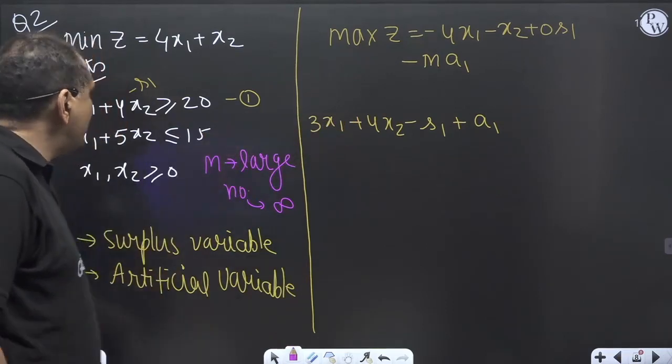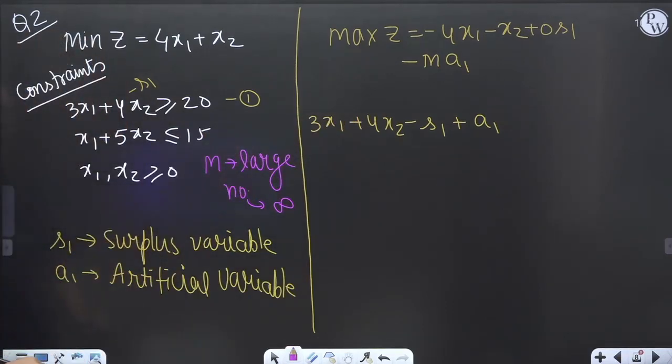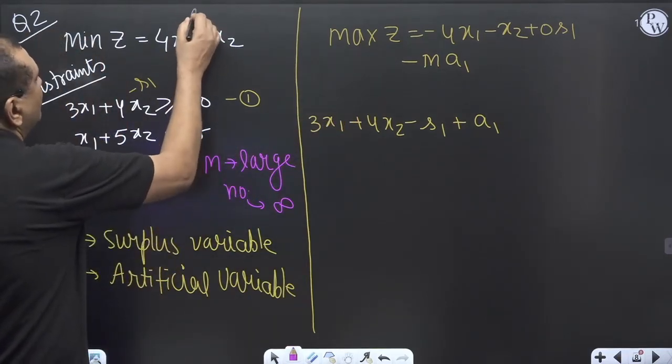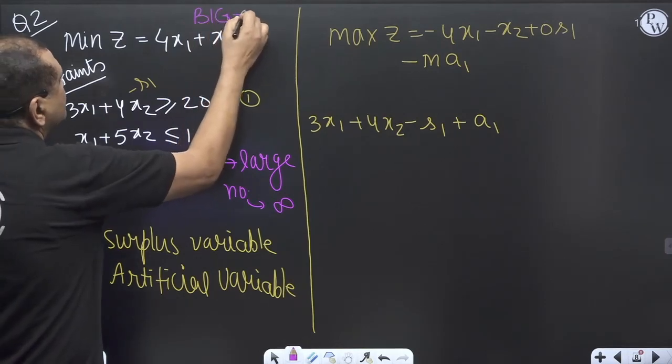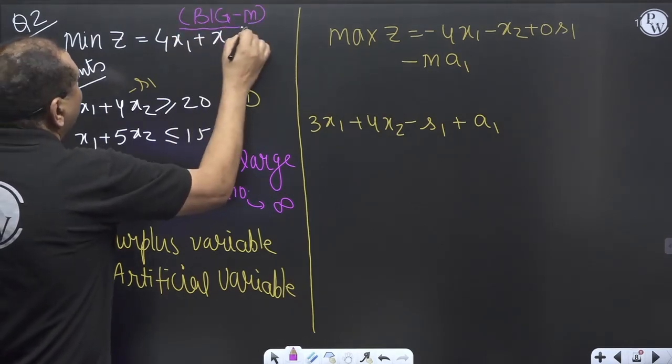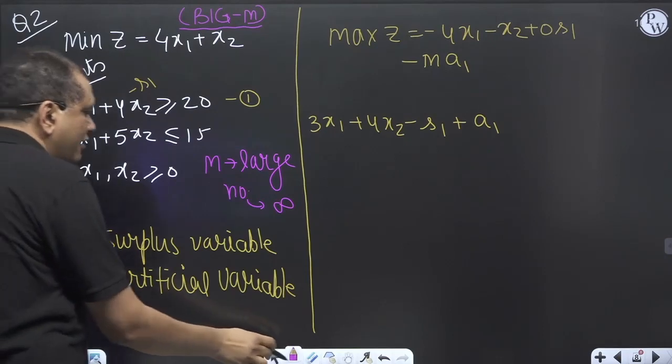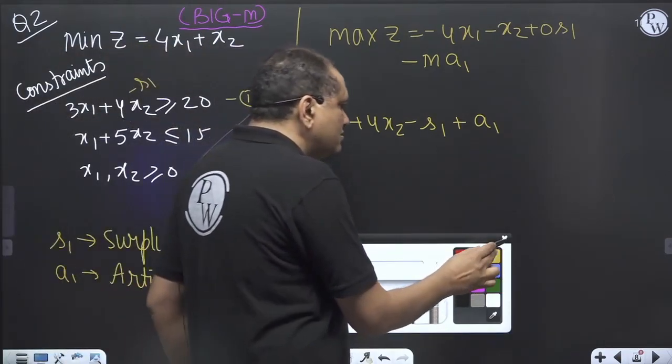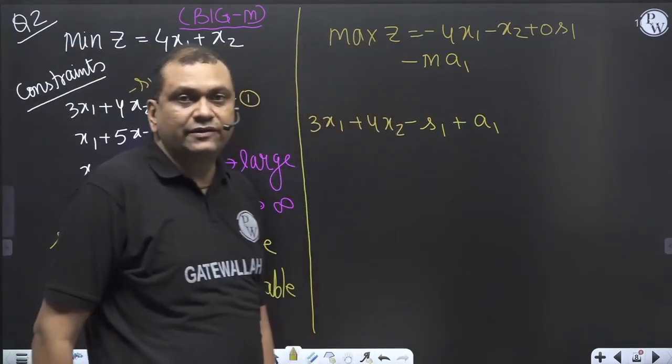Because of this procedure, whatever procedure I am going to adopt, it is called the big M method.